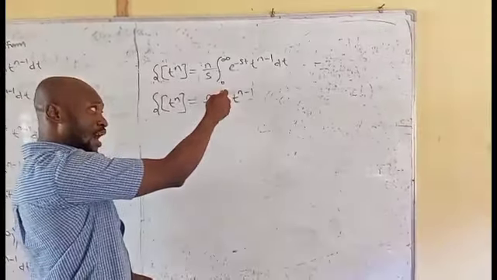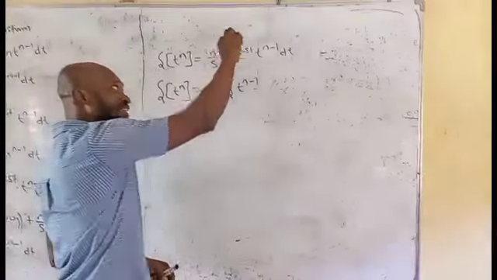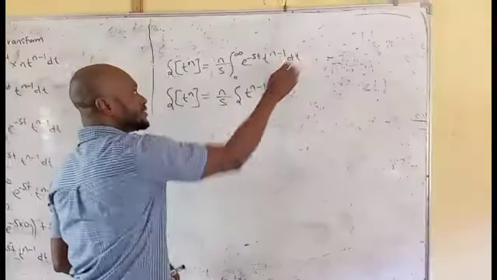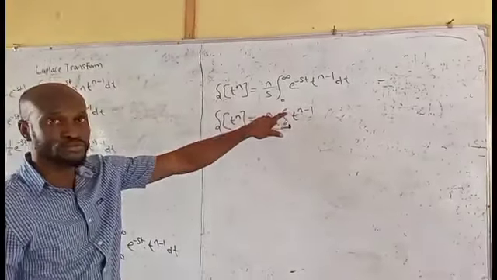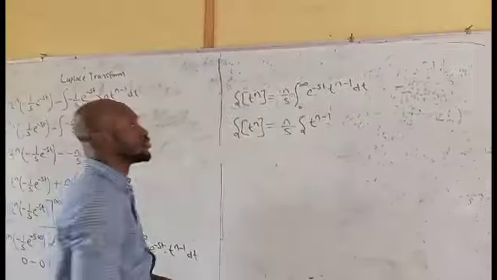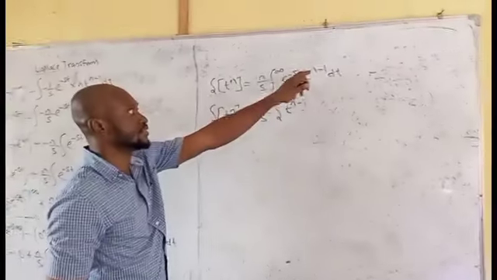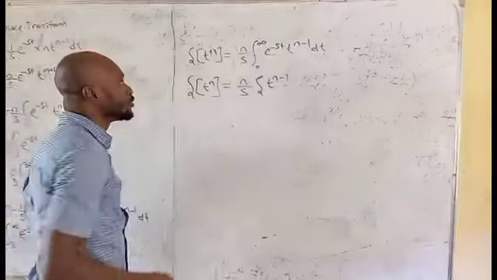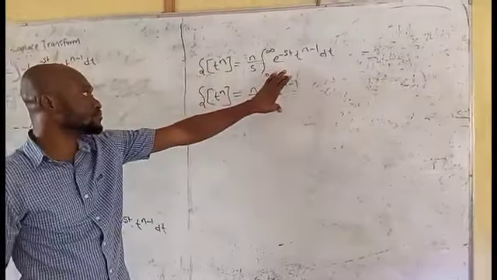So I'm representing all of this as the Laplace symbol of t raised to the power of n minus 1. Now, this will give you this.